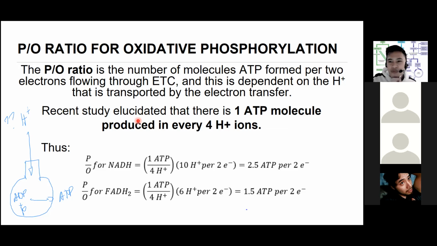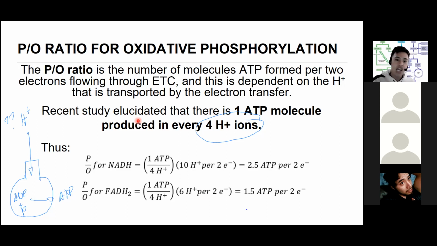So the question is, how many hydrogen ions will enter the ATP synthase in order for it to rotate? According to recent studies, 4 hydrogen ions need to enter the ATP synthase in order for it to produce an ATP.